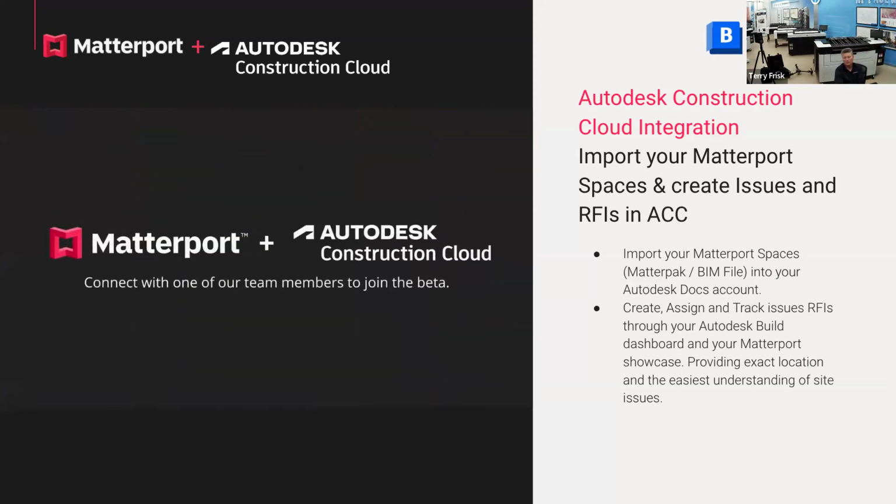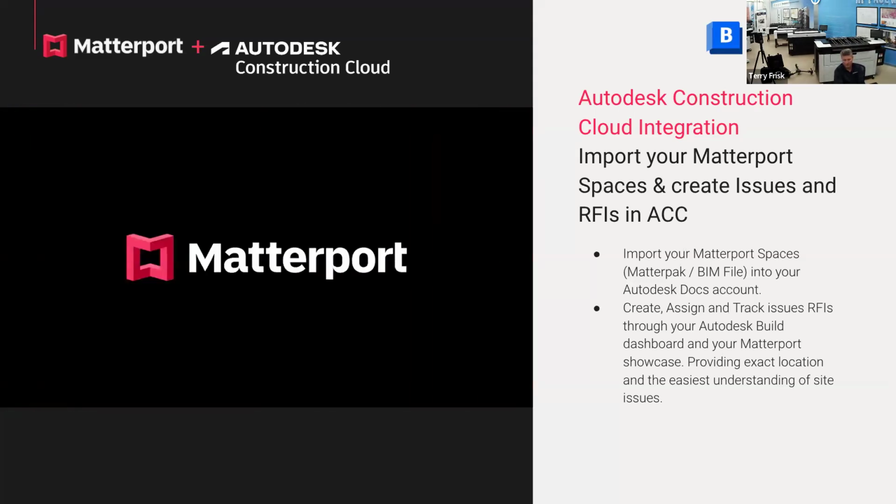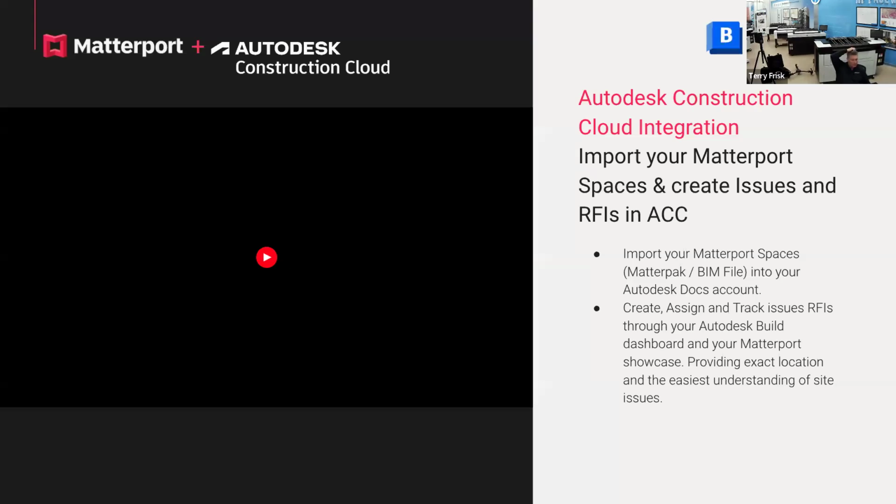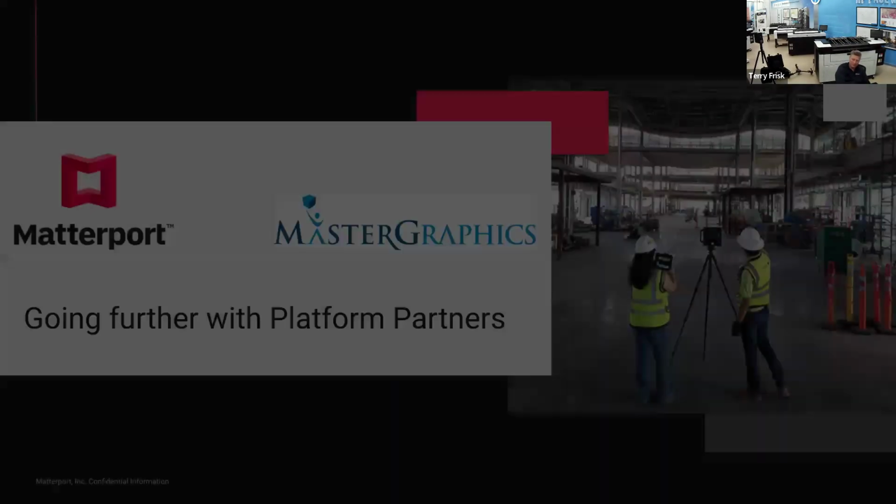Before, you didn't have the digital twin, so you could have pictures and maybe a video, but now with Matterport you can integrate directly from Autodesk Construction Cloud and show where exactly in the space there is a mistake, what this mistake is, and what needs to happen to change it. So we are saving a lot of time and a lot of money for construction companies.